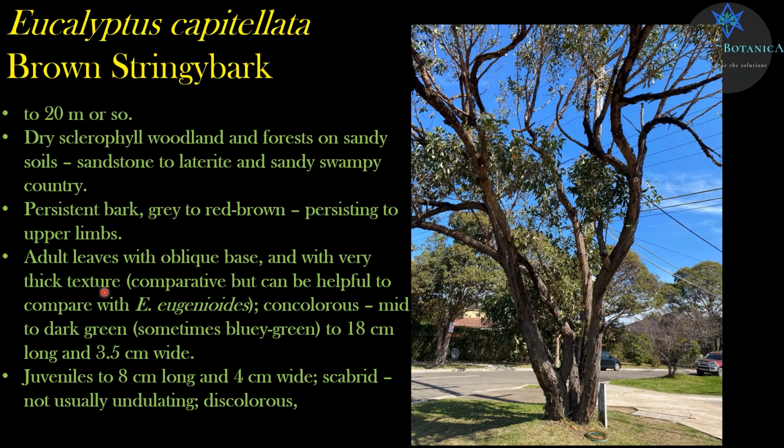Now, I know this is comparative. And you say, well, Dan, compared to what? But we've got a range of leaf textures in the stringybarks. And one of the ones that kicks in is if you get Eucalyptus eugenioides, they've got very papery, thin leaves. And it's a bit of a default identification sometimes for eugenioides.